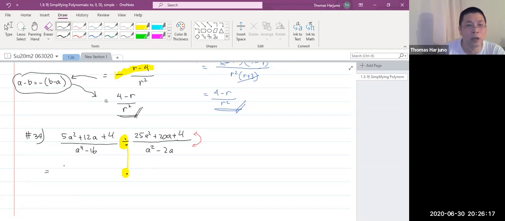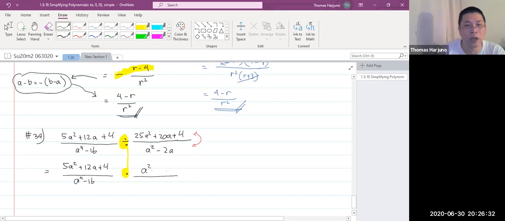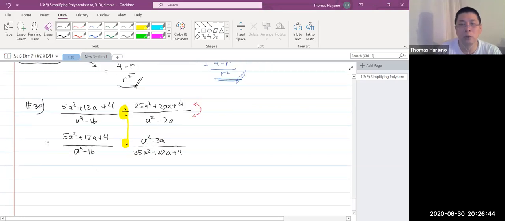So I get 5a squared plus 12a plus 4 over a to the 4 minus 16 multiply by a squared minus 2a over 25a squared plus 20a plus 4. Then the next step will be factor each one of them.